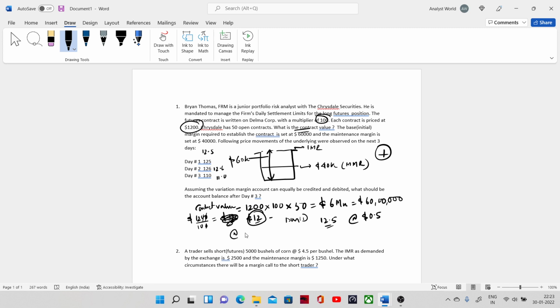The long is now winning, and hence this becomes 0.5 per share multiplied by 100 into 50 such contracts. So there is a crediting of 0.5 into 100 into 50, which is $2,500.